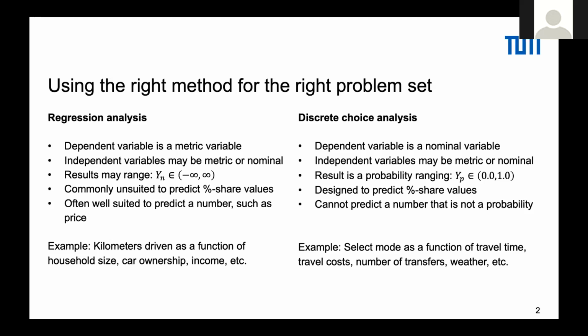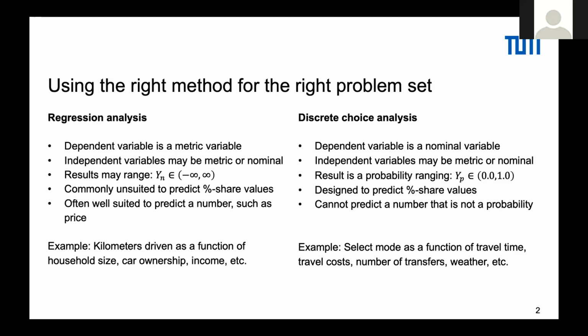And this can be used to estimate the price of a dwelling. A number cannot be predicted by discrete choice analysis because it's really meant to create a probability for a discrete option, for a nominal variable.